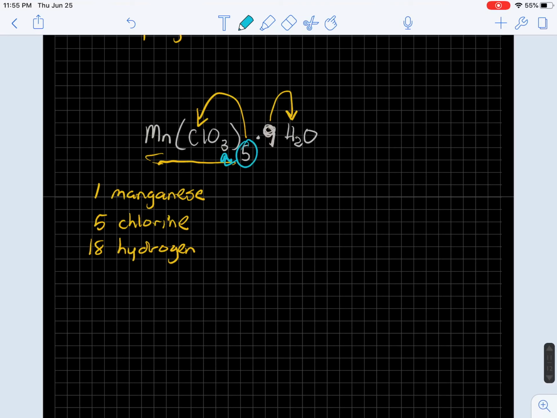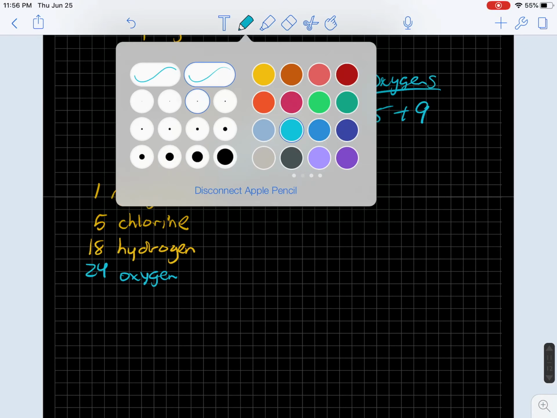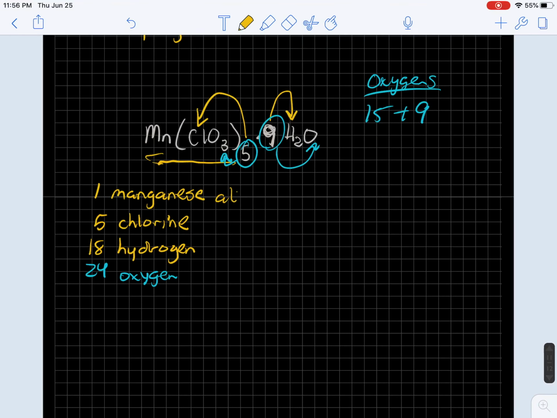We have 5 times 3 on the oxygens. So again, I'm going to keep my little tab of oxygens over here. That gives me 15 on the left side. And then I got 9 times 1, 9 on the right side. So that gives me 24 oxygens. And then I just have to write in the word atoms, or atom.